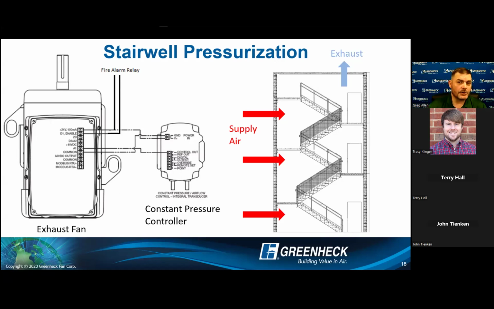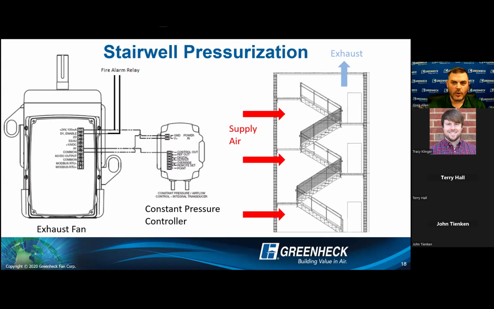Now, a constant pressure controller is kind of the same as that VOC in a way. I have a brain of a PID controller. Only difference now is the sensor that it's looking at is differential pressure, right? It's saying, what is the pressure in the stairwell compared to the space? And maintain that differential.